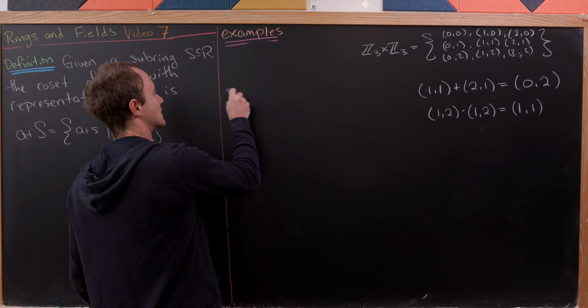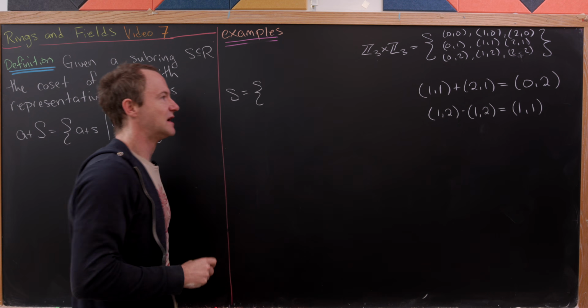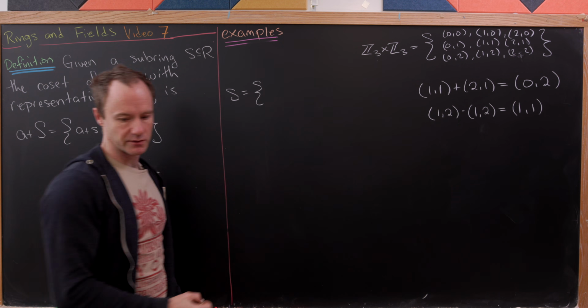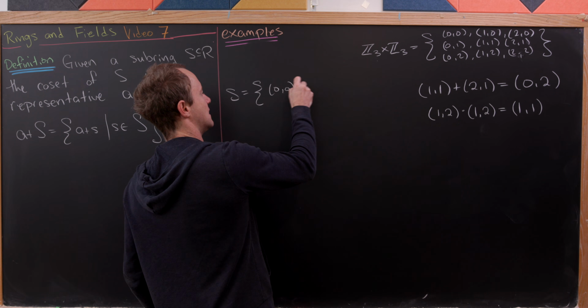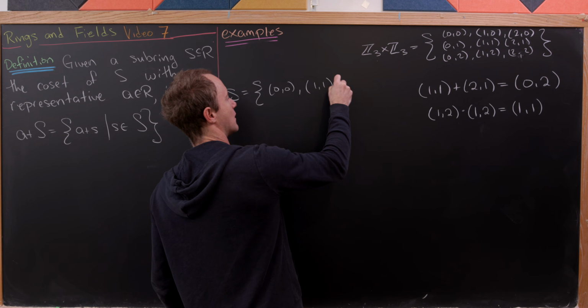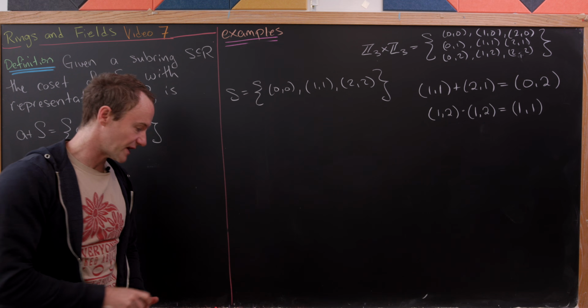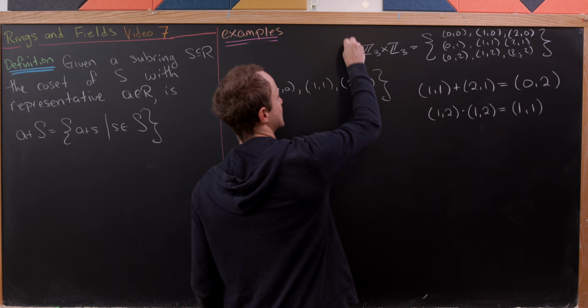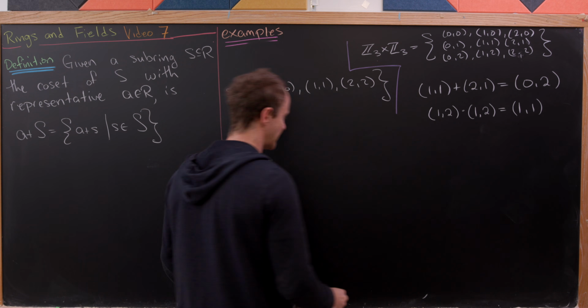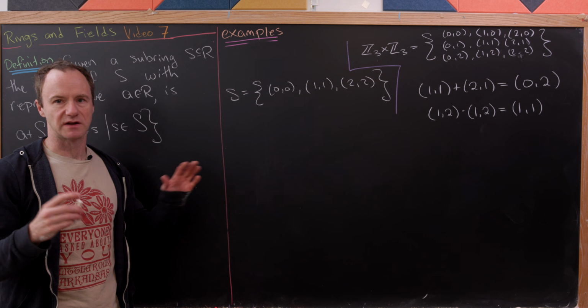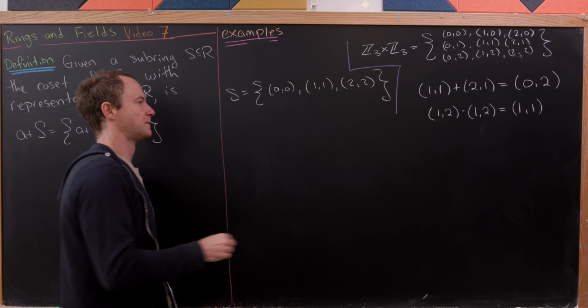Okay, so now let's take our subring S to be the diagonal subring. In other words, it's going to be the elements (0,0), (1,1), and (2,2). So good, we've got a 3-element subring. I'm just going to partition this off a little bit so that we don't get confused about those parts bleeding over.